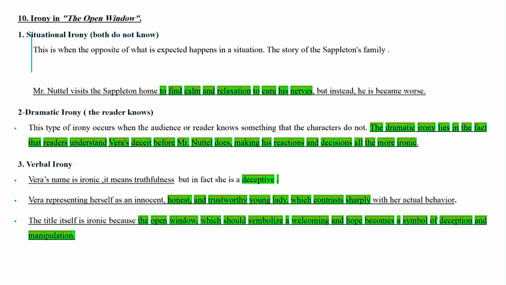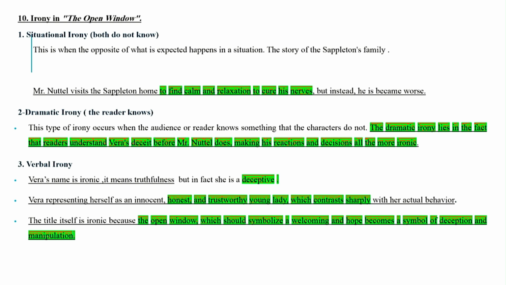For example, here we have the third story, or we can say the second story, that has been told by Vera, the story of the Barayah dogs. We realize as readers that the story was fabricated by Vera, while the characters here, the Sappleton family, believed in the story of Vera.